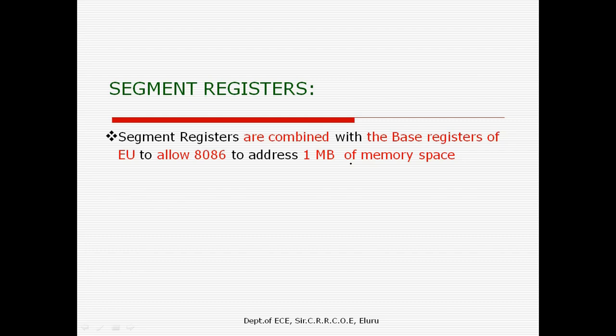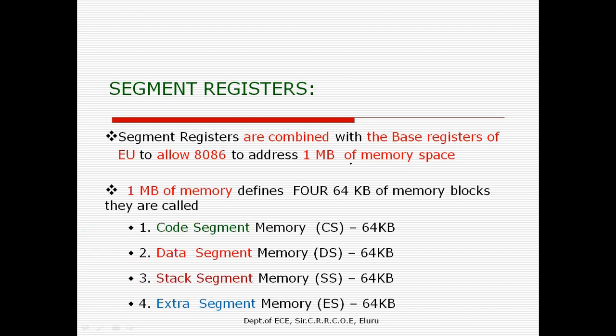Here the segment registers are combined with the base registers of the EU to generate the 1 MB of the memory space, or they allow the processor to address up to 1 MB of the memory space. The 1 MB of the memory space is the memory capacity of 8086, because the 8086 has a 20-bit address bus.